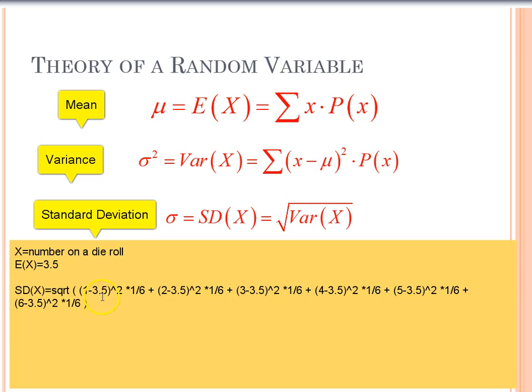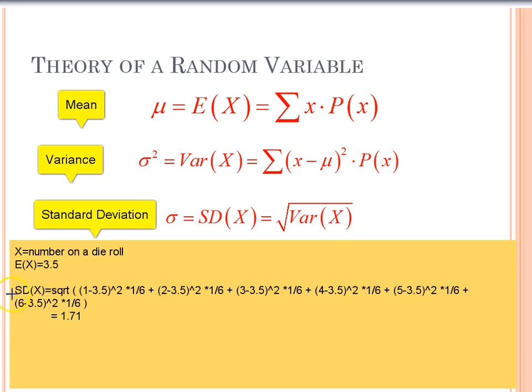You can see here that the expected value is the same for all of these, and we're just changing the outcome 1, 2, 3, 4, 5, and 6. We square that difference and then multiply it by the probability that outcome occurs. So here again, all of the outcomes have the same probability of occurring, which is 1/6.